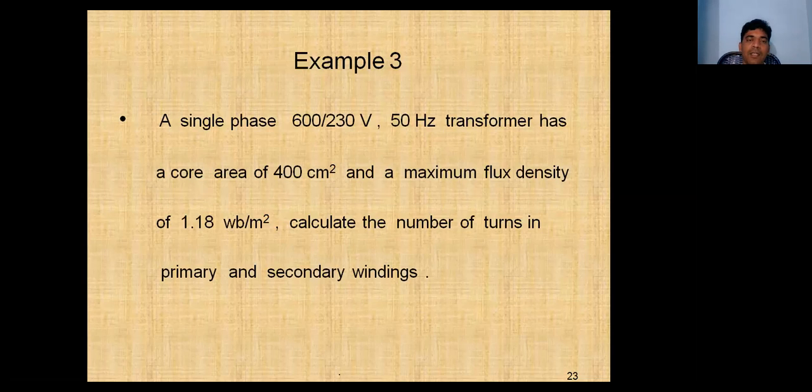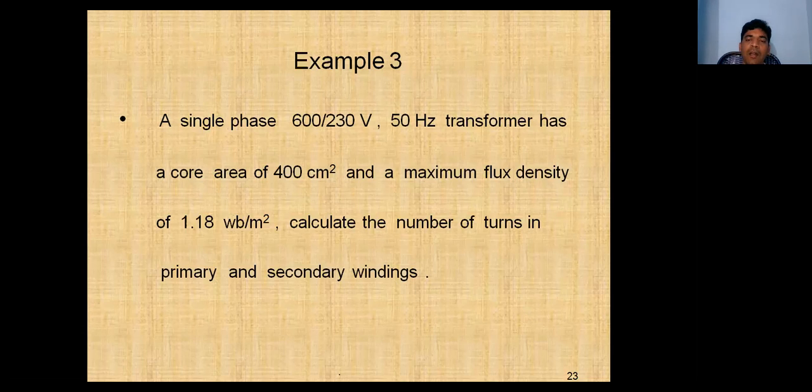A single phase 600 by 230 volts 50 hertz transformer has a core area of 400 centimeters square and a maximum flux density of 1.18 Webers per meter square.